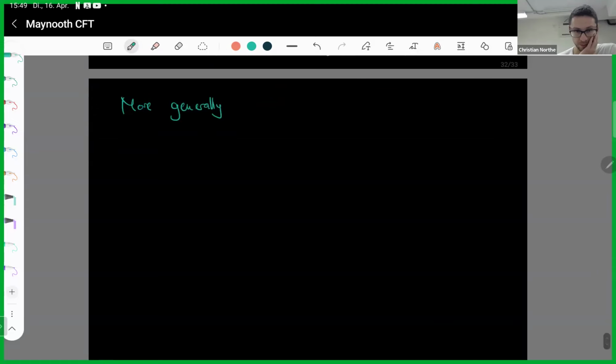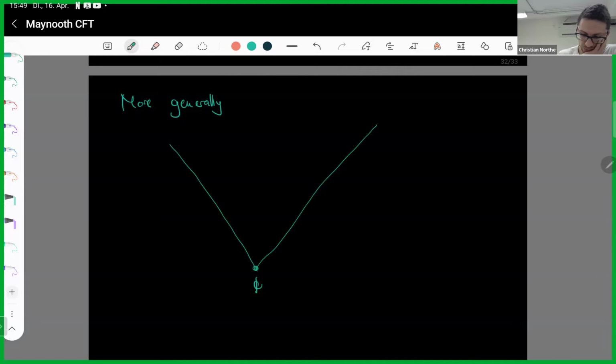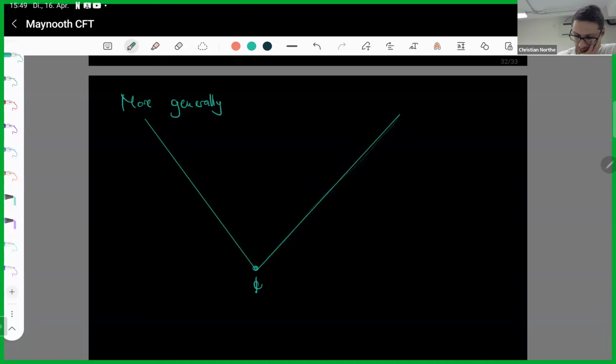More generally, let me draw a picture. I can start from a primary phi, and I'm just going to draw a cone. This is the cone of descendants, meaning that here I act with L-1, I can act with L-2, and so on. And it can happen, say, let's consider a state, let's call it psi.